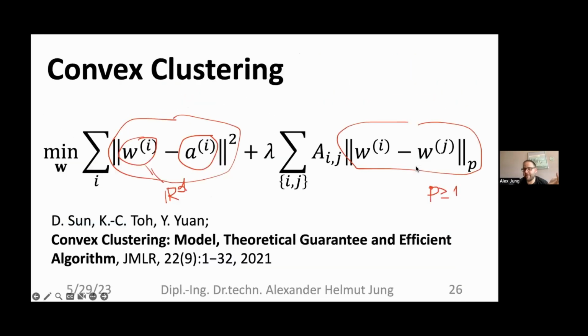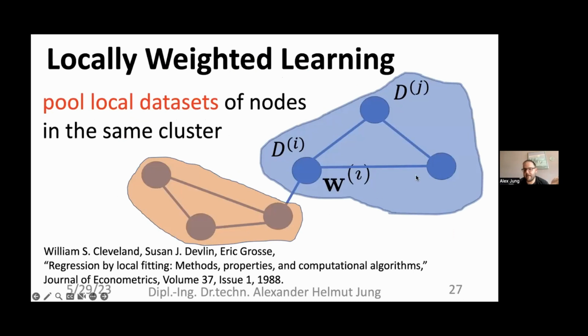What you then obtain from this choice is a perfect pooling of local data sets in order to train a model for each node in this cluster. So this is locally weighted learning, which is not too recent as a learning principle. But it's nice to re-obtain these established learning principles as special cases of GTV minimization.